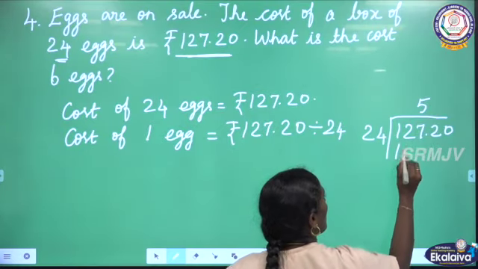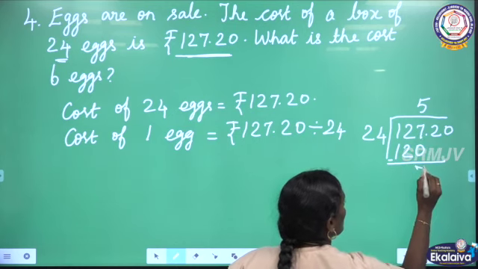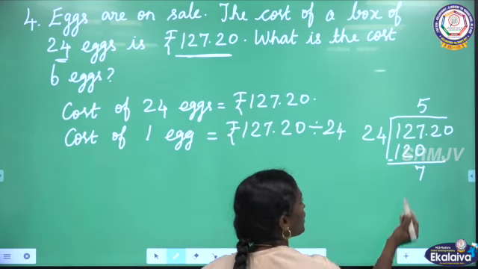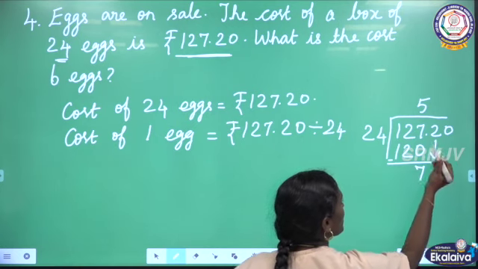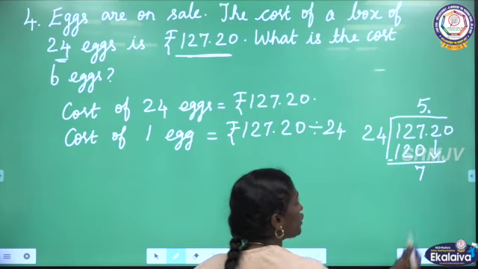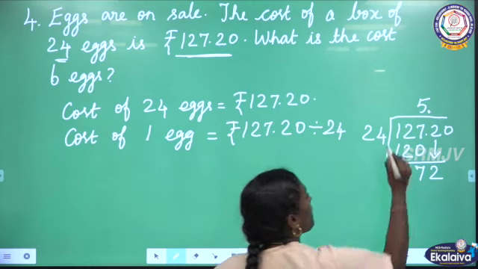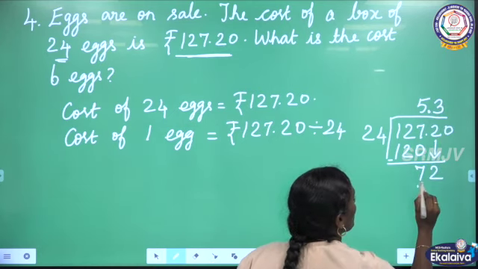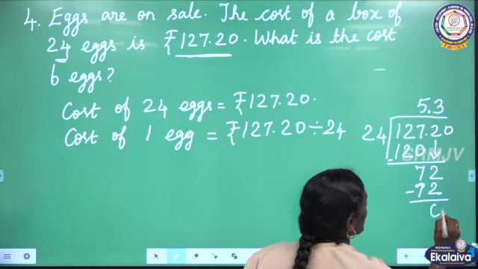5 times, 120. Now we have to subtract. 7 minus 0, 7. 2 minus 2, 0. 1 minus 1, 0. Now we are going to take the next digit which is in the decimal part. So we have to keep the decimal point in quotient, then we have to take the next number. In 72, 3 times 24, that is 72. Now we have to subtract, 0.